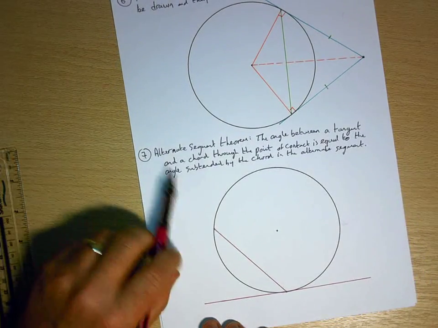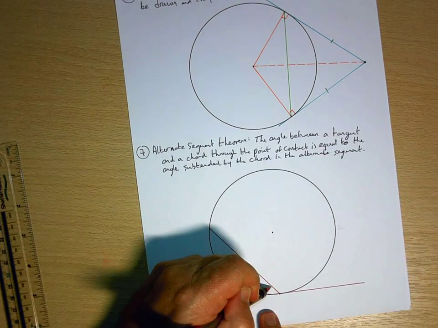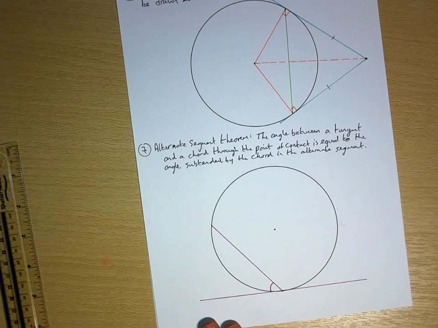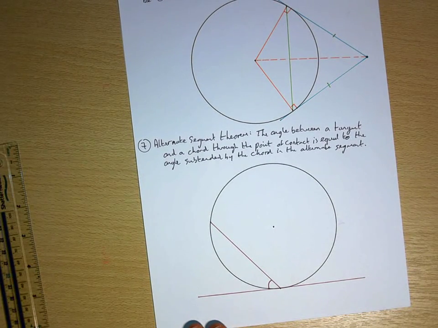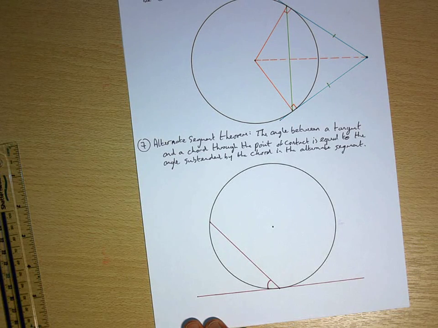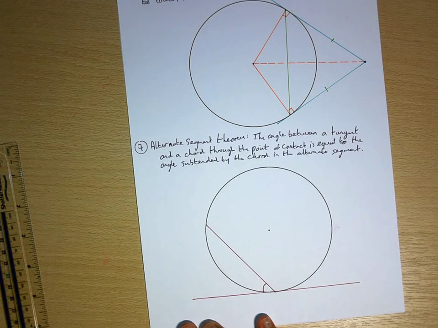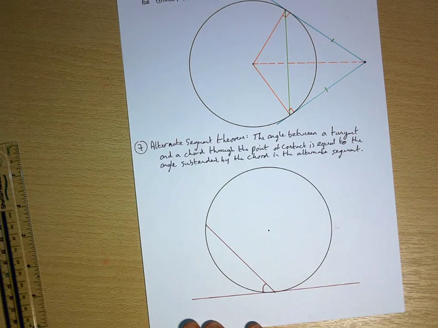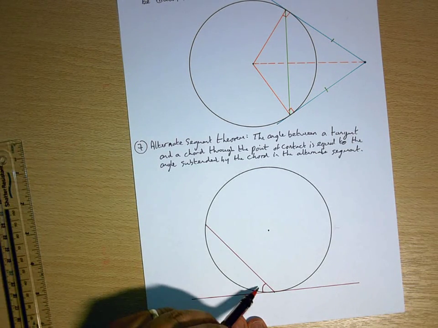Okay, so the angle between a tangent and a chord, so there's my angle between my tangent and my chord, is equal to the angle subtended by the chord in the alternate segment. So what that means now, this angle is in this segment.